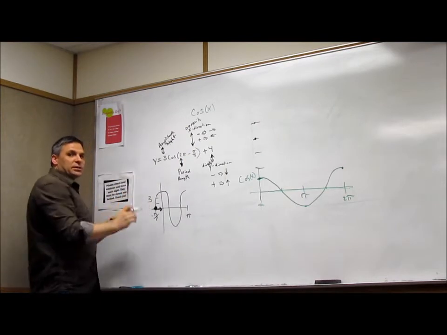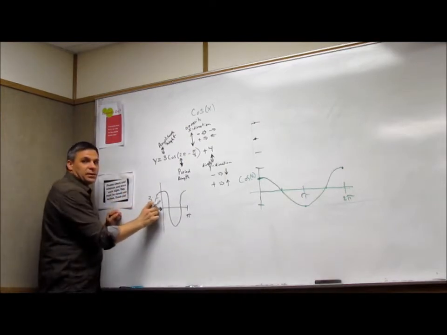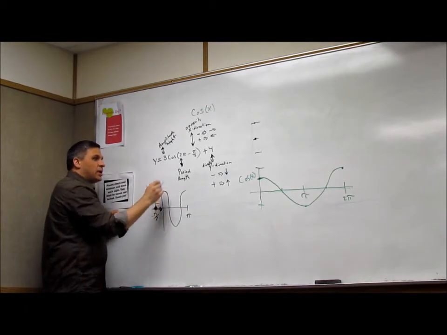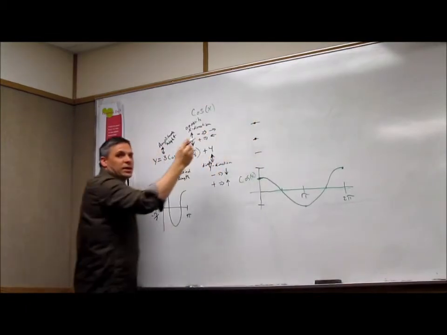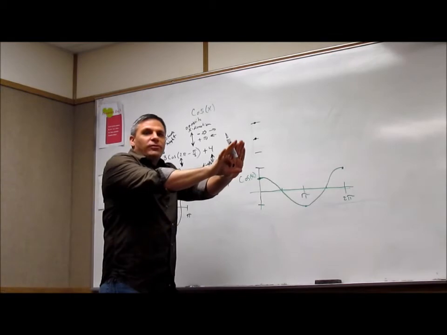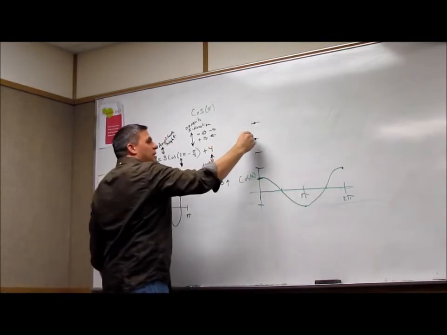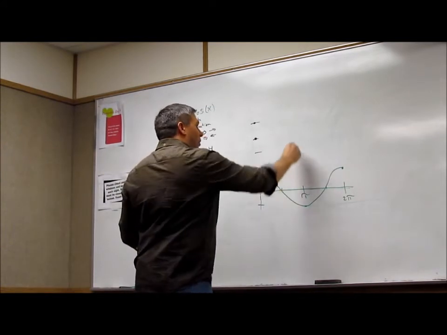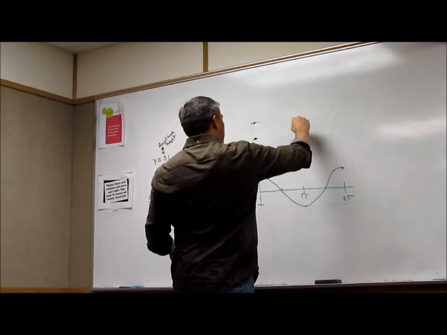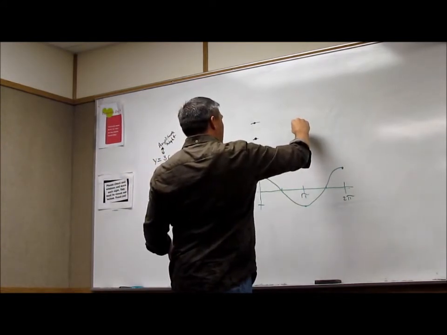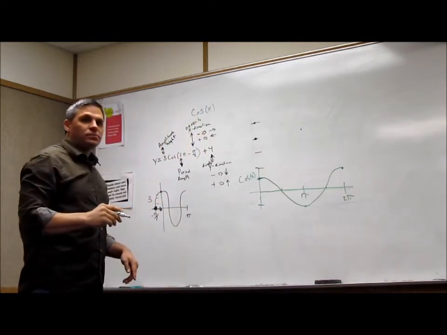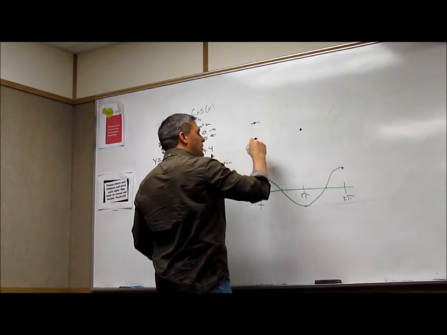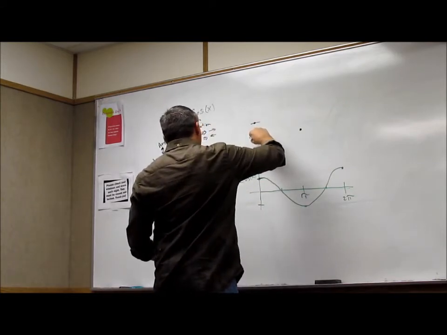This is where it was starting, but because I'm pushing it over, it's now going to start here. And oh, now this is my 1/2 pi mark. So this is where it's going to start and end, and then it's got to go up.